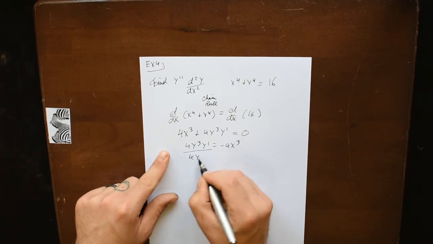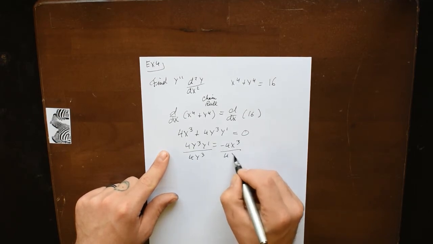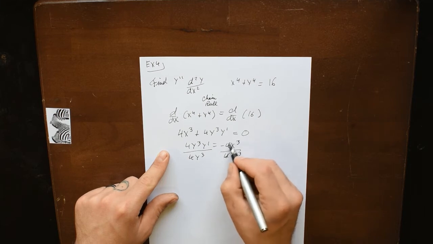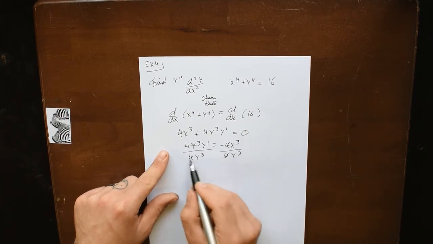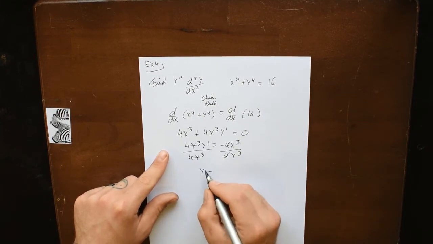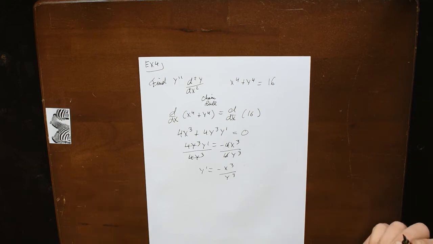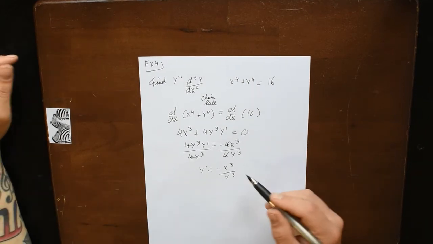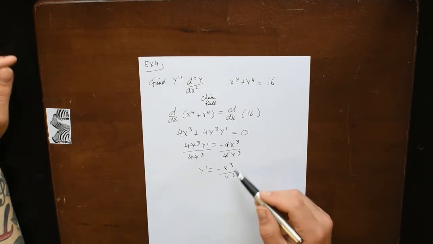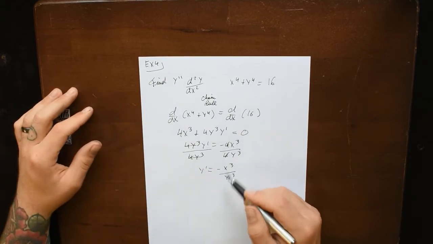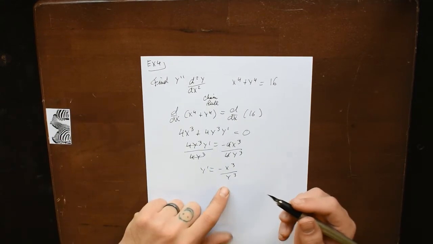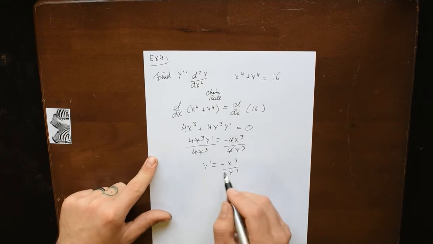Divide by 4y cubed, divide by 4y cubed. Cancel, cancel. Y prime equals negative x cubed over y cubed. You can call it whatever you want to. You could factor out the cube and call that negative x over y quantity cubed. I'm going to leave it like that. So this is y prime.